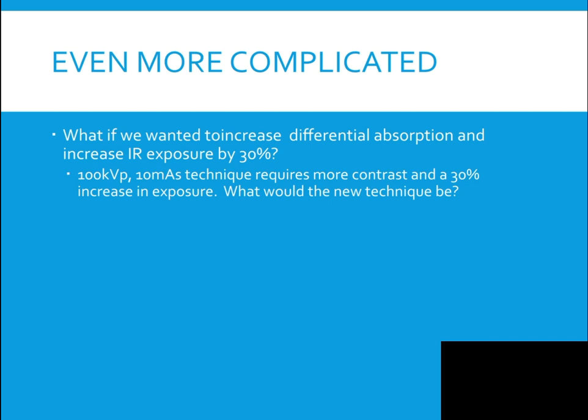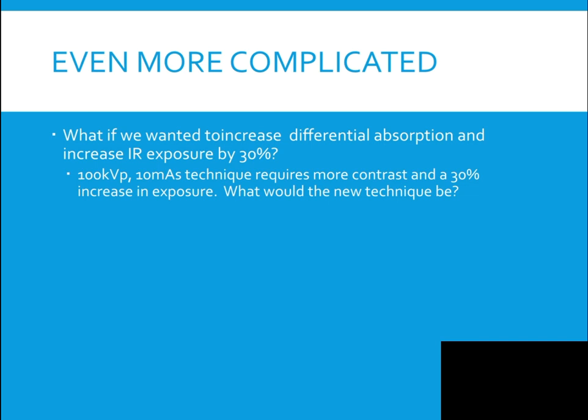We started off with 100 kVp, 10 mass technique, and it requires more differential absorption and a 30% increase in exposure. So what you need to do, again, is take this one thing at a time. If we want to increase differential absorption, stop there. So to increase differential absorption, we have to decrease our KVP.